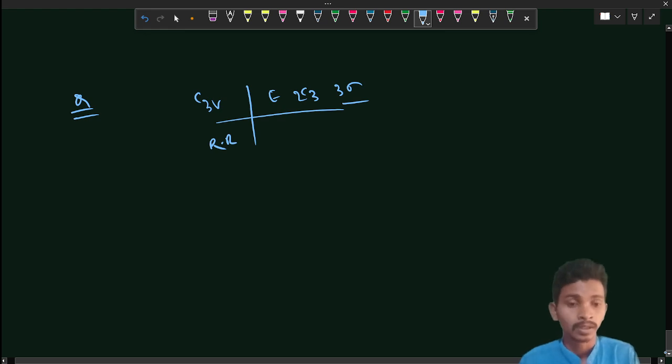Let's say this value is for the reducible representation, that is 3, and that 12, and this is C3, this is 1, and this is 0, and this is 2.